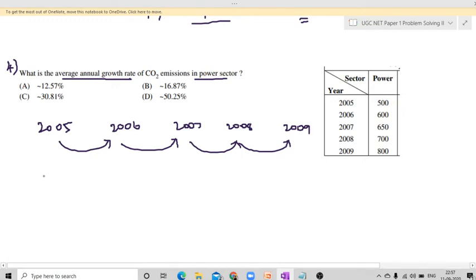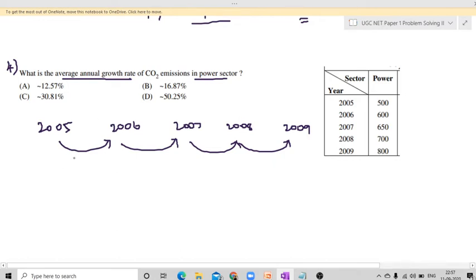So we are asked to find the average growth rate. For which we first of all need to find the individual growth rate for the years from 2005 to 6, then 2006 to 7 and so on. We need to find the individual growth, then add everything, divide by 4, that will give the average growth rate. This is what we are expected to do.